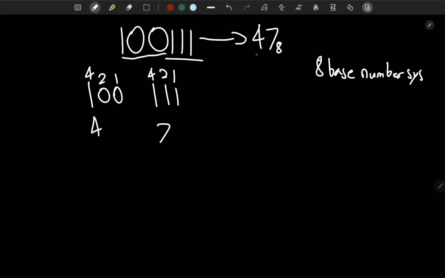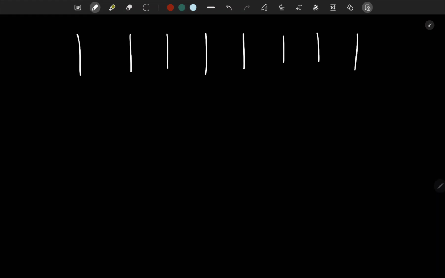Meaning that any of the digits can have any value from 0 to 7, because there are 8 digits including 0. So it can only have 0 to 7, any of the digits. It can never have 8, by the way, just keeping that in mind. And yeah, that's it.